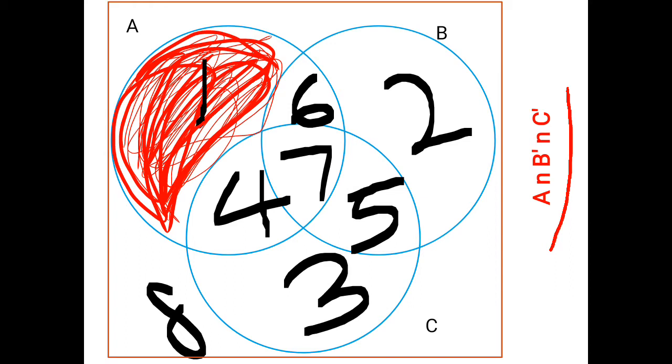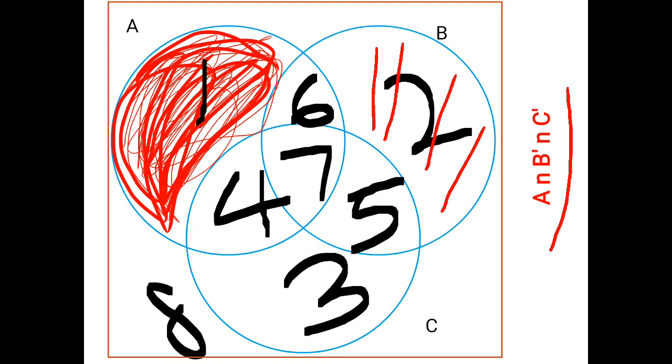Similarly, when we look at region 2, this side is found only in B. It is neither found in A nor C. When you look at the whole circle of A, region 2 is not found in A. Region 2 is not found in any part of circle C as well.